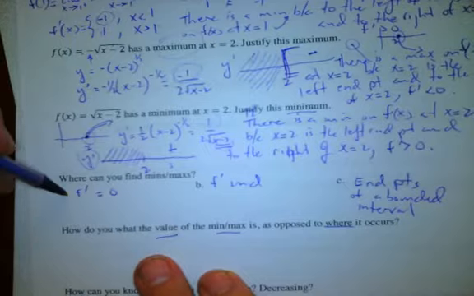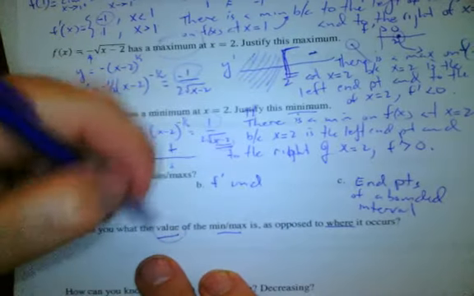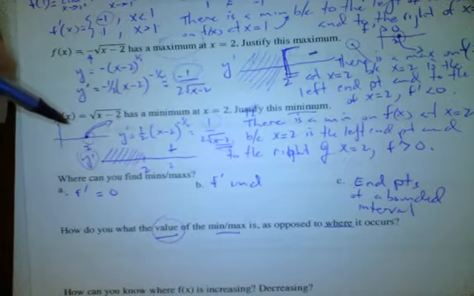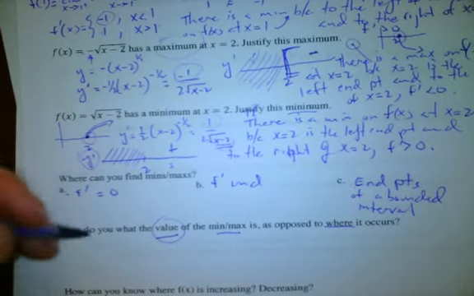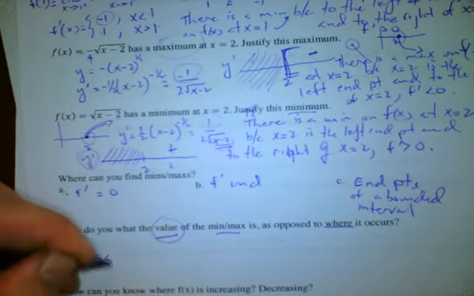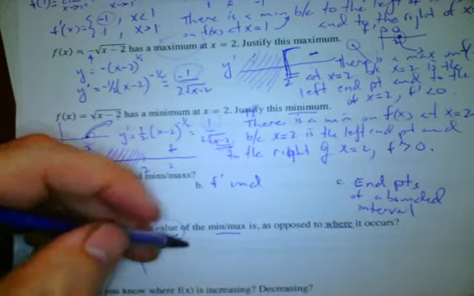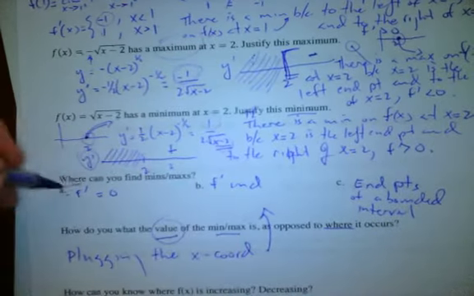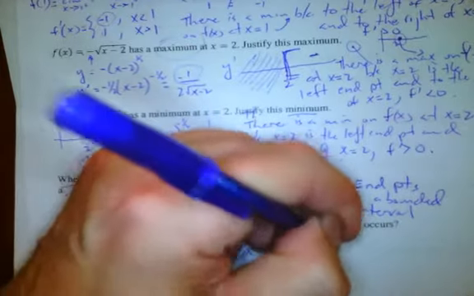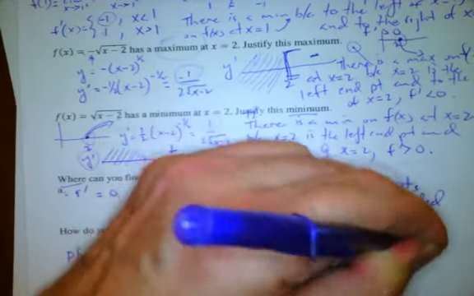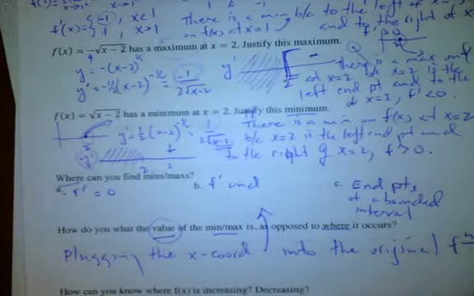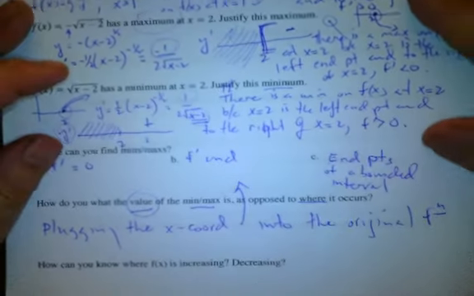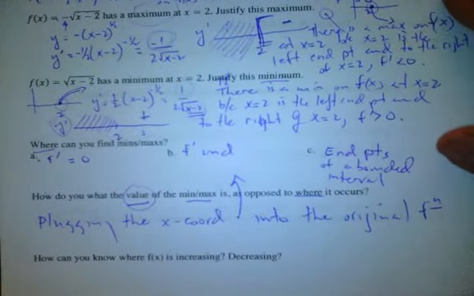Okay. How do you know what the value of the min or max is as opposed to where it occurs? This is all about finding where the maxes and mins occur, but I want to know the value of the maximum, the value of the minimum. And this is found by plugging the x coordinates that we found up here, where the maxes and mins are, into the original function.